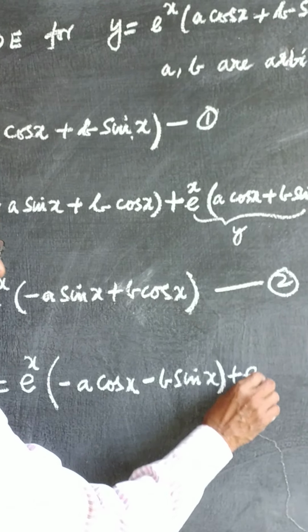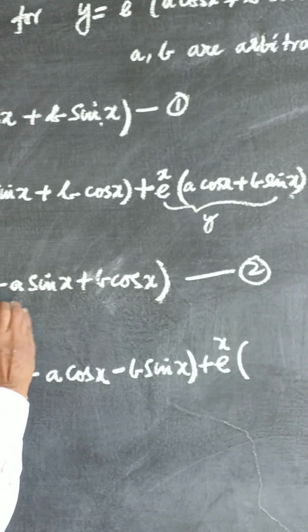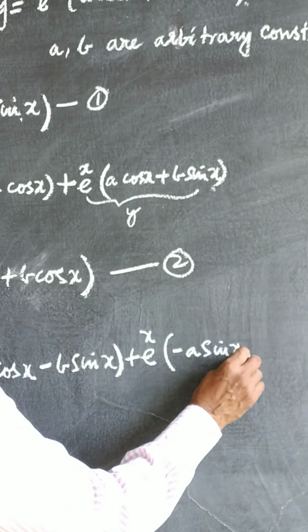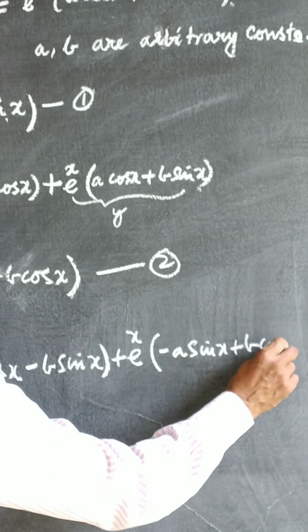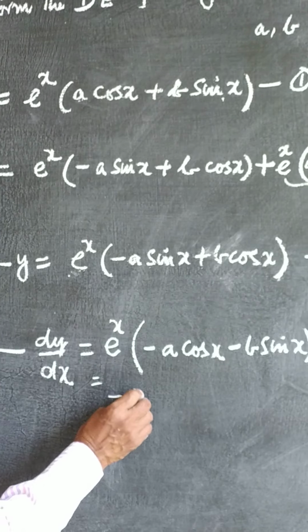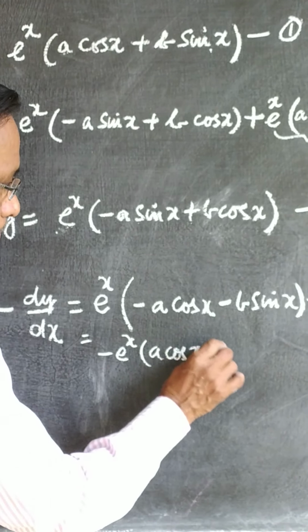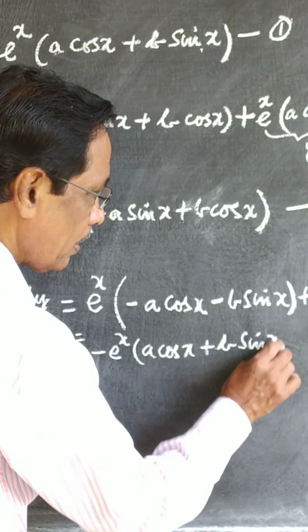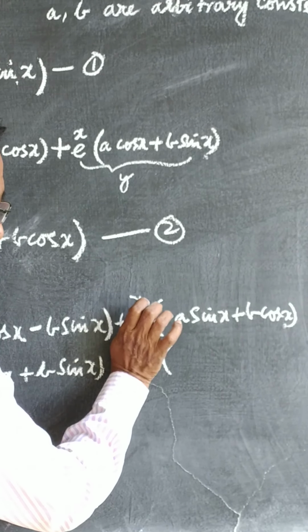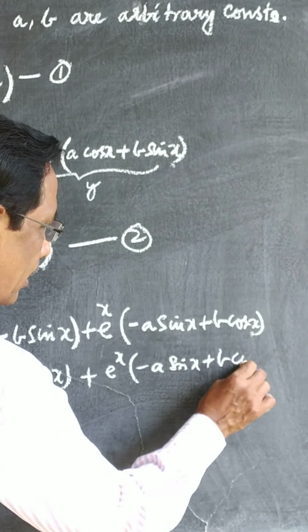Plus, now you are going to differentiate e power x itself, and this is not disturbed. And therefore minus a sin x plus b cos x. Here, minus of e power x into a cos x plus b sin x, plus e power x into minus a sin x plus b cos x.